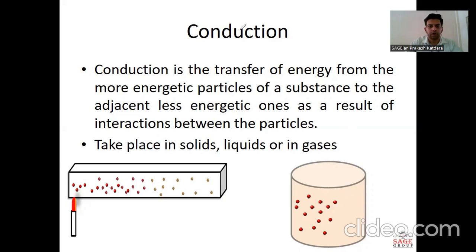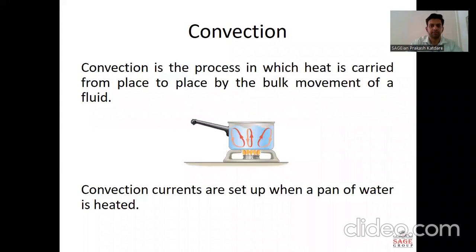Another mode of heat transfer is convection. Convection is basically the process in which heat is carried from place to place by bulk movement of a fluid. Or we can say convection is heat transfer because of temperature difference between a fluid and a stationary substance.